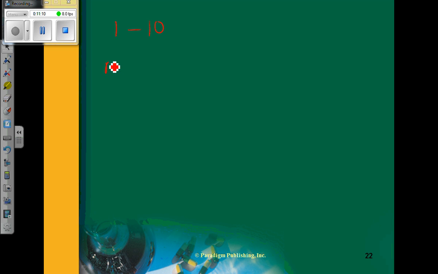So microgram is going to be MCG. That was number 1. Liter is number 3. It'd be L. Okay. Number 9, cubic centimeters is CC. Okay. So that's all you have to do, just go through there and put the abbreviations for the following.